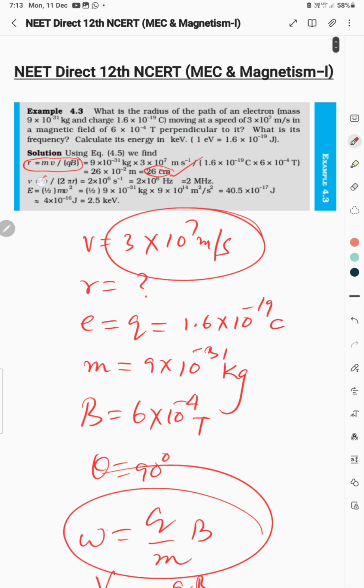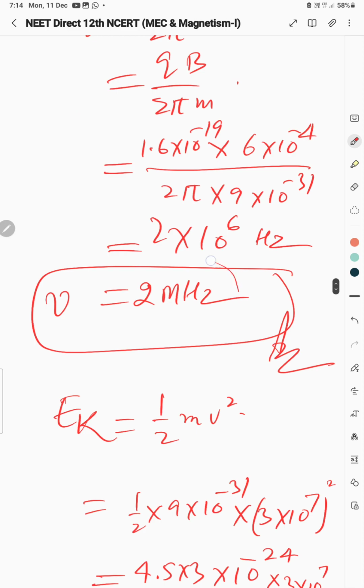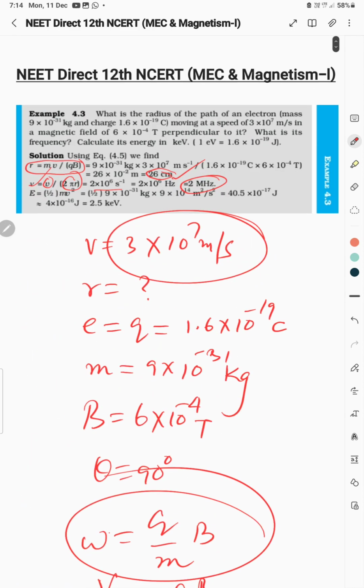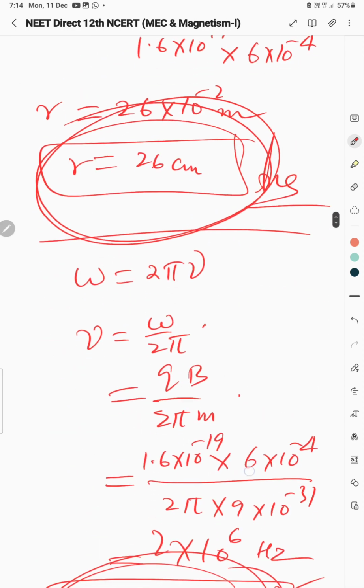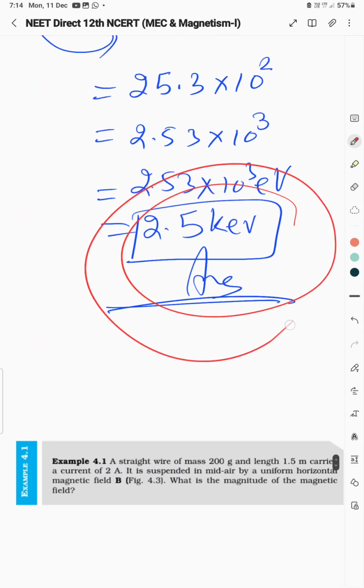Then it is velocity by circumference 2 pi r is nu, and this is 2 × 10^6, that is 2 megahertz frequency, and this is what we got. And the third part is half mv square is kinetic energy. You put in the values, you get 2.5 kilo electron volt, and here also you find 2.5 kilo electron volt.